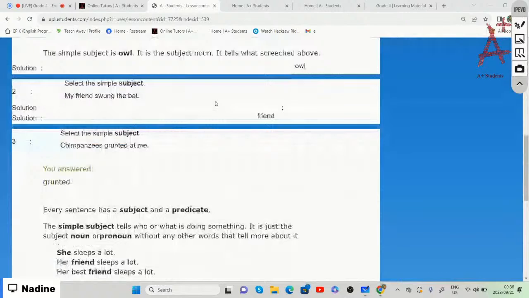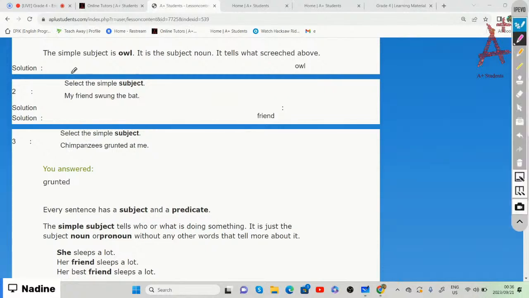We need to select the simple subject within the sentence. My friend swung the bat. If we select the simple subject, it will only be friend, not my friend, not the friend, not a friend, just the noun.